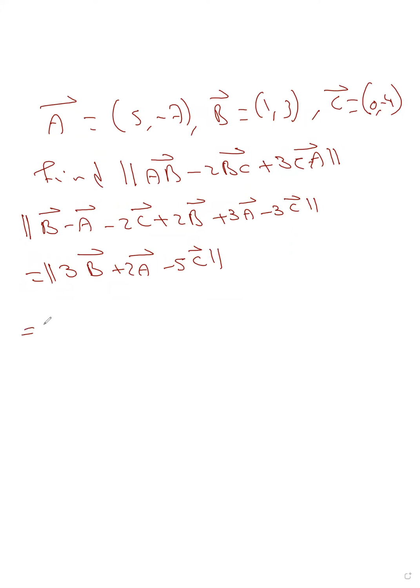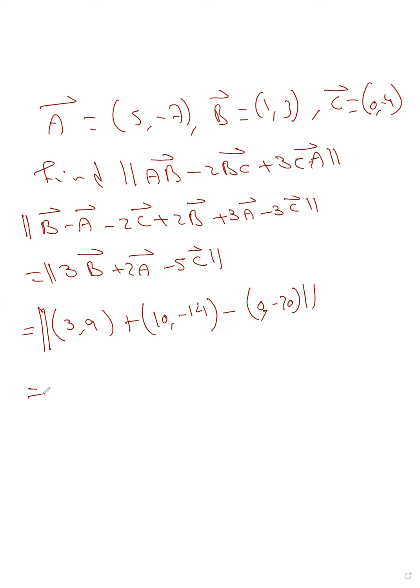So the norm of 3B, which means (3, 9), plus 2A, which means (10, -14), minus 5C, which is (0, -20).